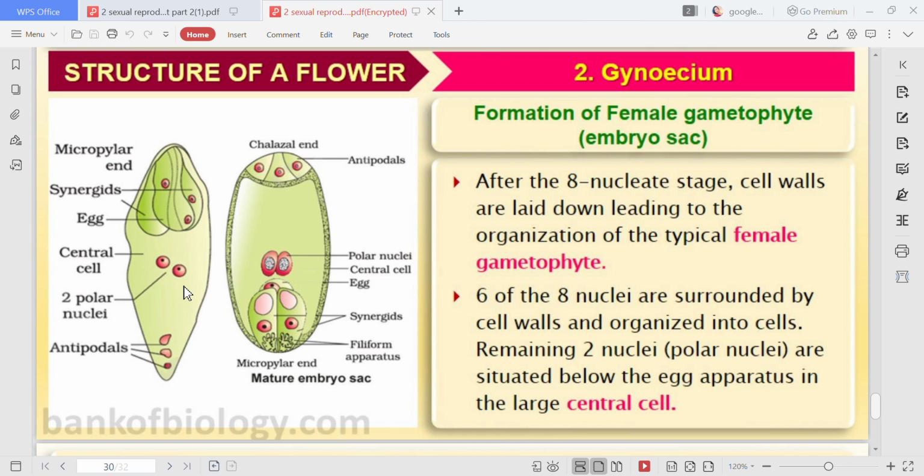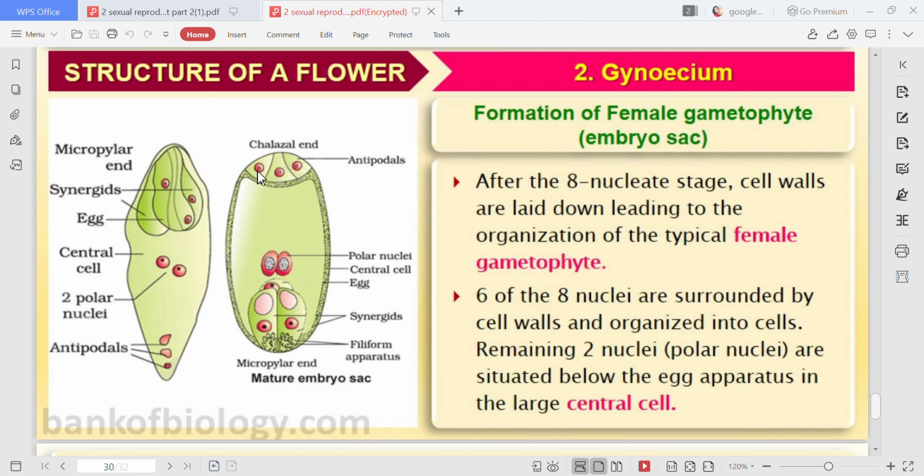So children, here how many cells are we getting? 3 cells at the micropylar end, you see 3 cells, 1, 2, 3, at the micropylar end, 3 at the chalazal end, and 1 cell in the center. Right? So how many cells? 7 cells. Total number of cells formed are 7. But how many nuclei?